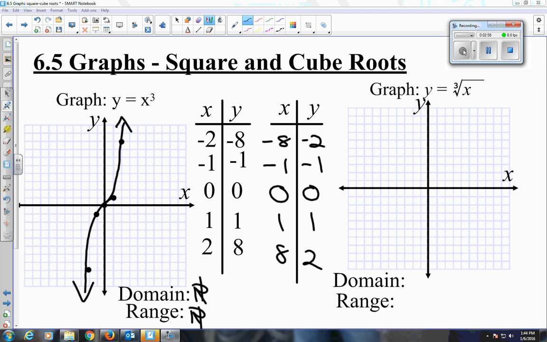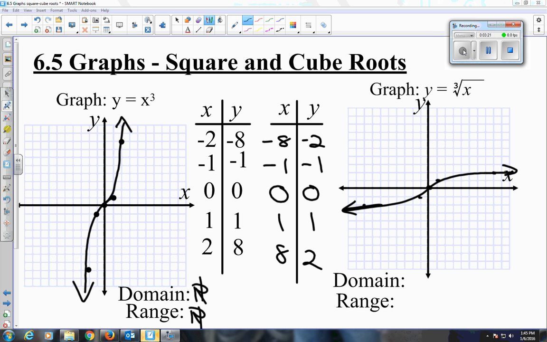Okay, so we're going to plot those points: 0, 0; 1, 1; -1, -1; -8, -2. And there's my graph of y equals the cube root of x.